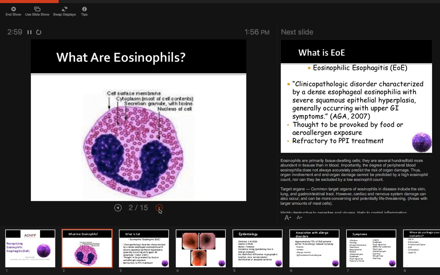But today we're talking more about eosinophilic esophagitis. The eosinophil should not be commonly found in the esophagus, and very little in the entire GI tract for that matter. The eosinophil is a pro-inflammatory white blood cell, and as you can see here, quite a few granules.